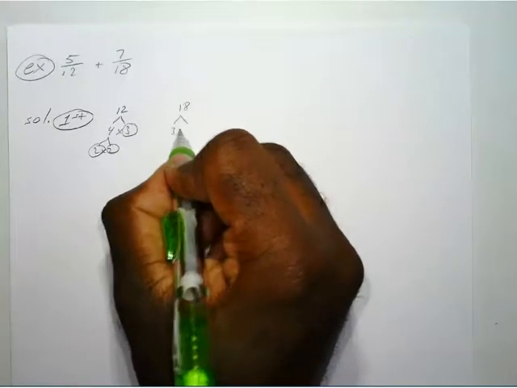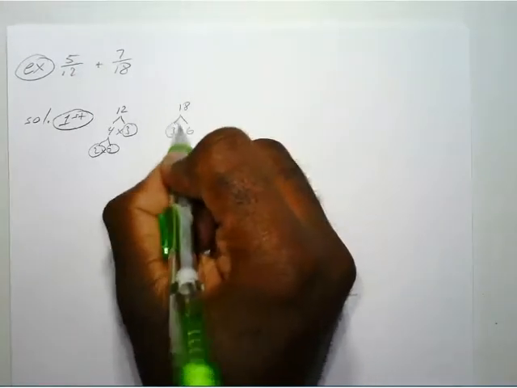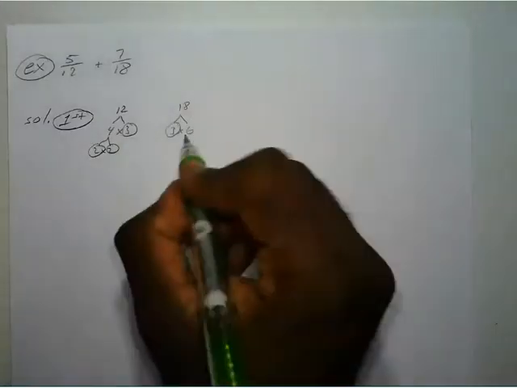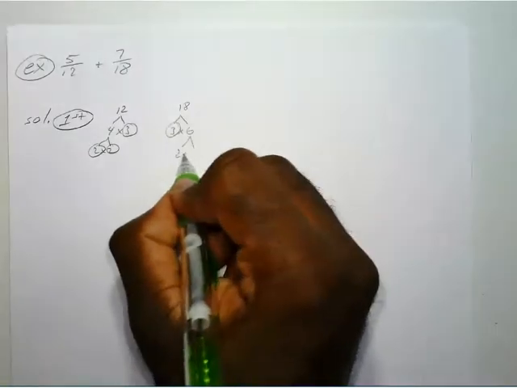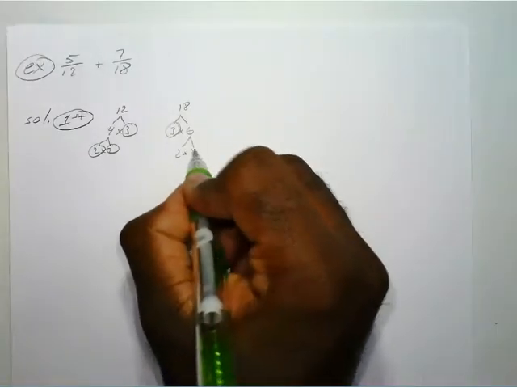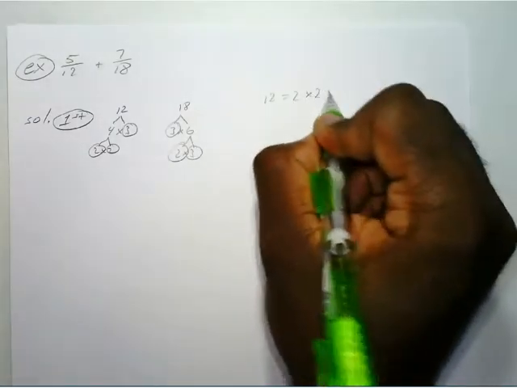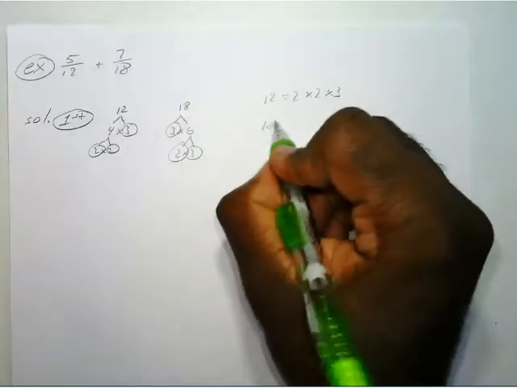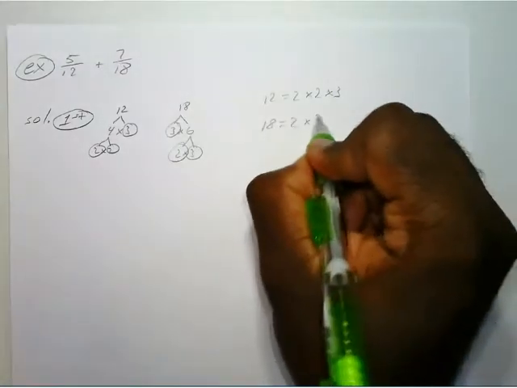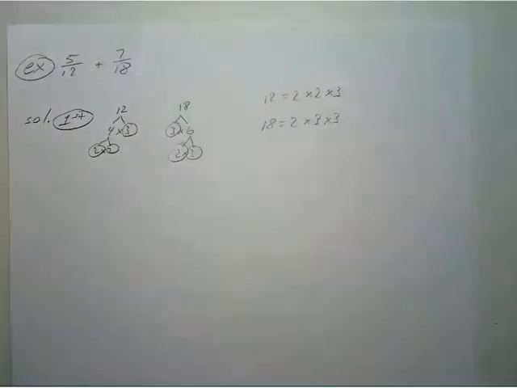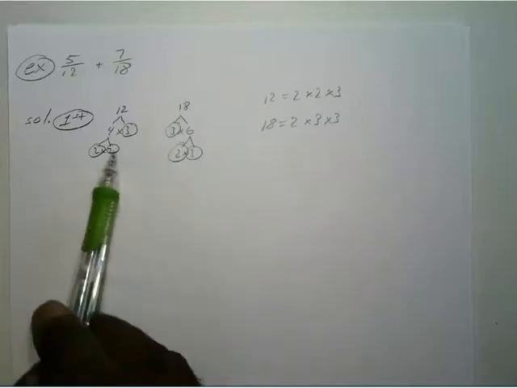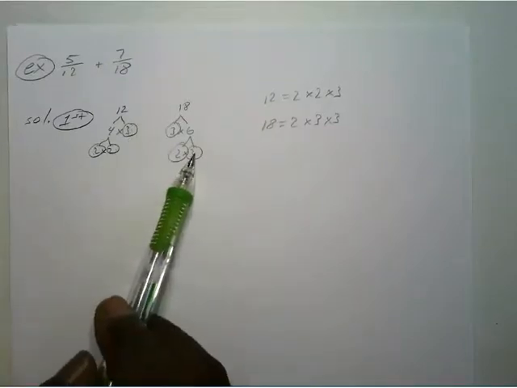The 3 can't be factored anymore, and the 6 can be factored to 2 times 3. So we know that 12 is equal to 2 times 2 times 3, and 18 is equal to 2 times 3 times 3.